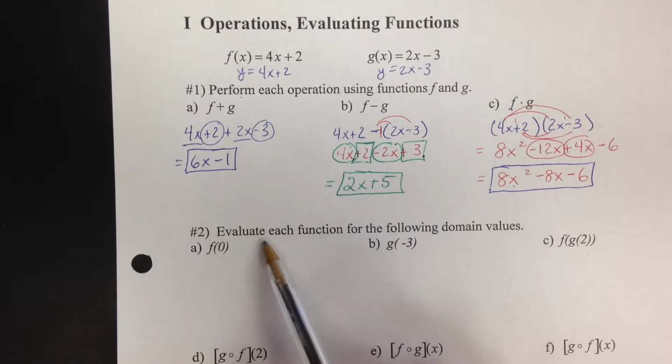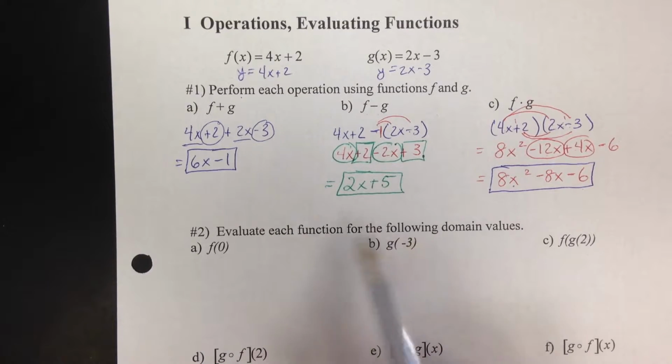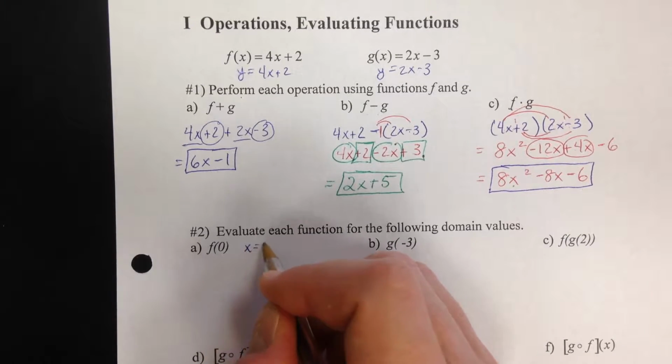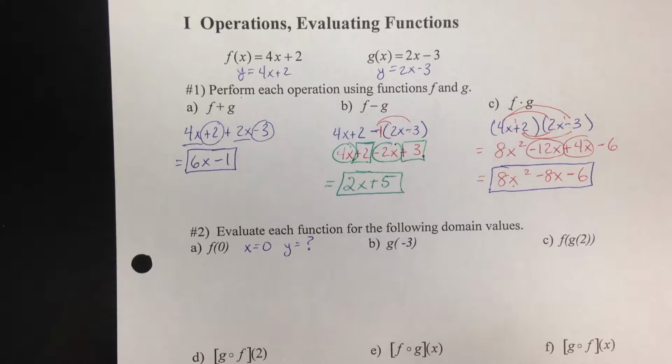Number 2, evaluate each function for the following domain values. So f of 0, what that means is that x is 0. What's the y value? So if you plug in a 0 into the function, what do you get out of that? So remember that the x's are the domain and the y's are the range.